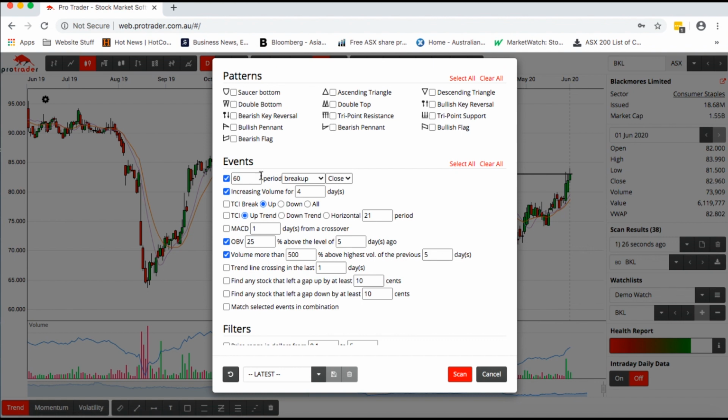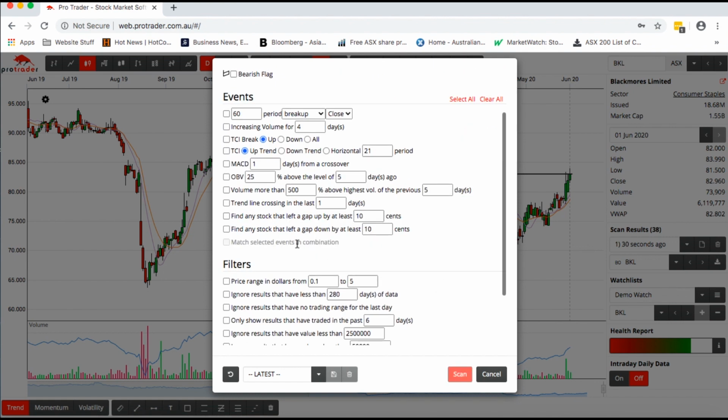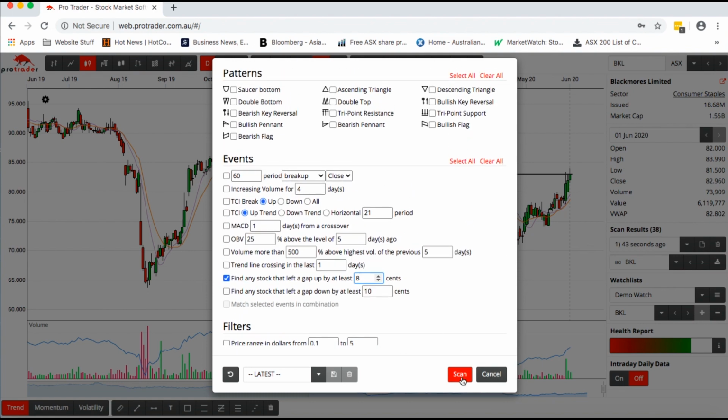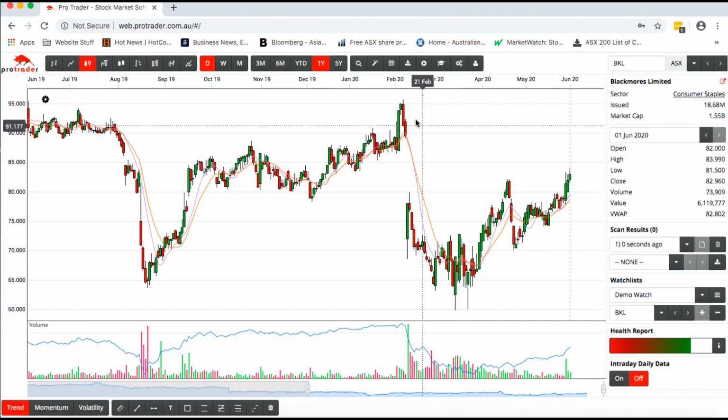Now, another scan that I do every day, I have every box unticked. You see this one here called Find Any Stock That Left a Gap Up. Once again, you can change this. You can look for 9 cents, 8 cents, whatever you like. And that is the only thing that I have ticked. I have nothing else ticked. So I'm going to hit scan. We've got nothing today.